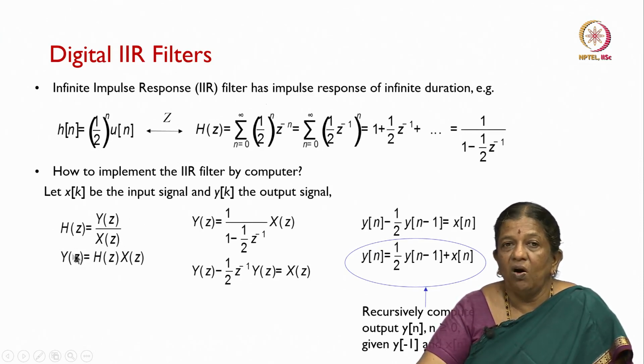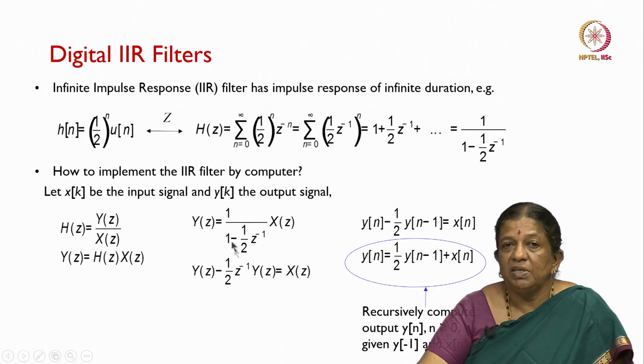So, if we want y of z, it is the impulse response into our input, h of z into x of z. This impulse response makes y of z become 1 by 1 minus half into z minus 1 into x of z.